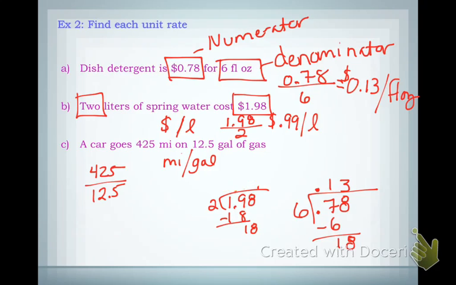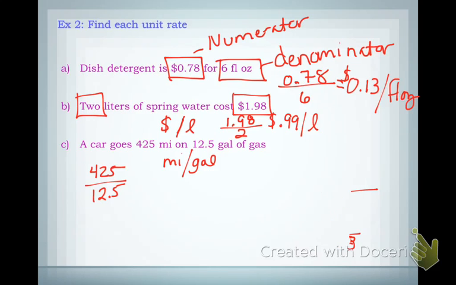I'm going to erase some of this stuff so I have more room. So I'm going to put 425 and 12.5. Well, I can't divide that way. I need to make sure I have no decimals on the outside, so I need to move this over here and move something over here.